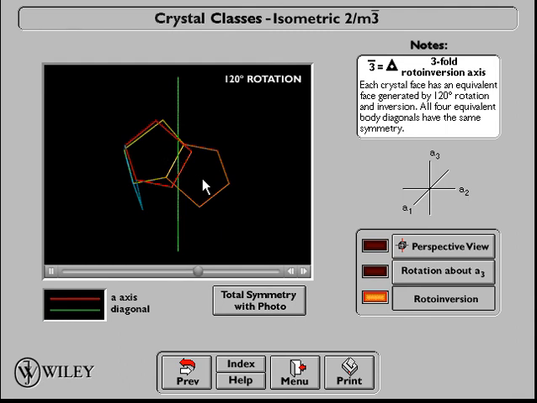That is the way, always interchanging between the rotation and the inversion, and then we can repeat our crystal faces through the center of symmetry.